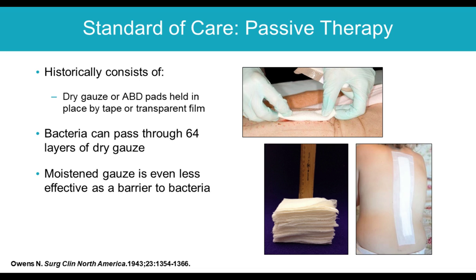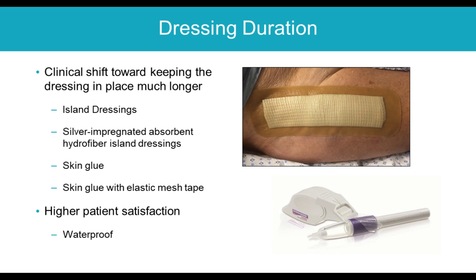And then on rounds, we would change that piece of gauze on a daily basis when patients were in the hospital. I think most of us have moved on from this dry gauze dressing to some of these newer or more advanced passive therapy dressings where we still close the incision and put something on top of that incision at the end of the case and wait for that to heal.